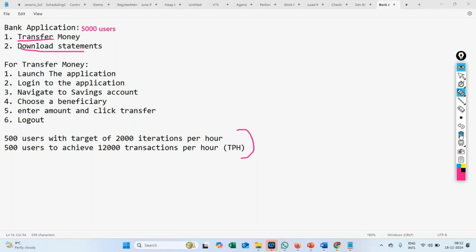You have to go and check SQL or Splunk or something like that to know how many users are actually transferring money and how many are downloading statements. Generally, whoever navigates to the transfer money page can be counted as a page view. So there are some metrics for how they get that.